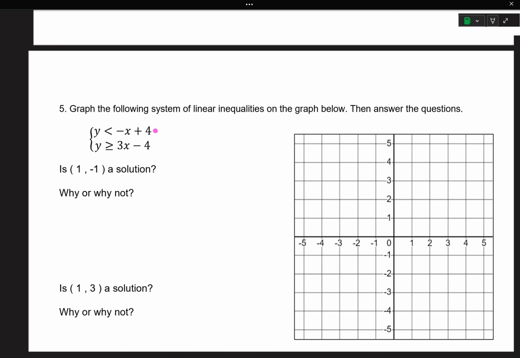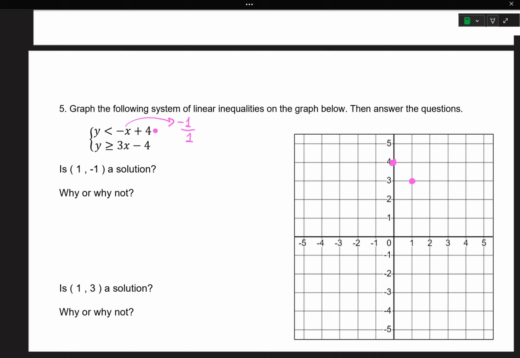All right, the y-intercept is 4. The slope is -1. So remember, -x is actually -1x, and -1 is written as -1 over 1. So down 1 to the right 1, and I make another point.